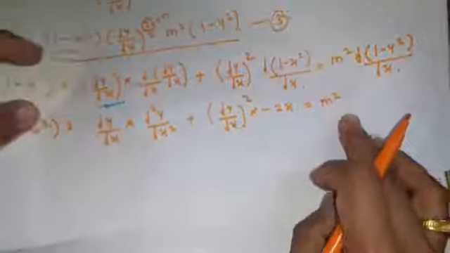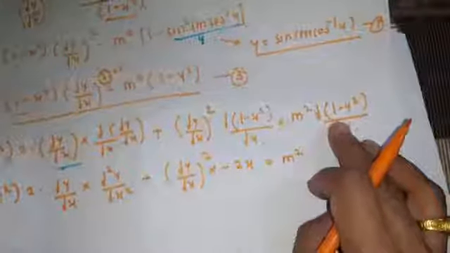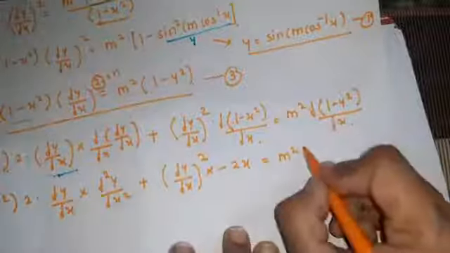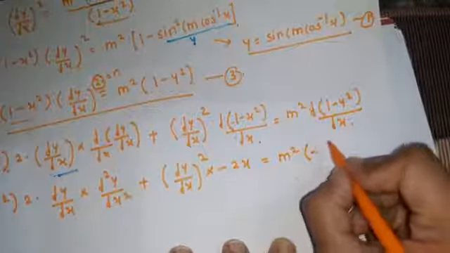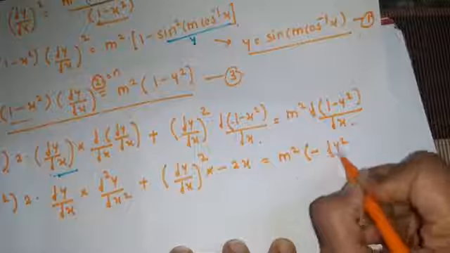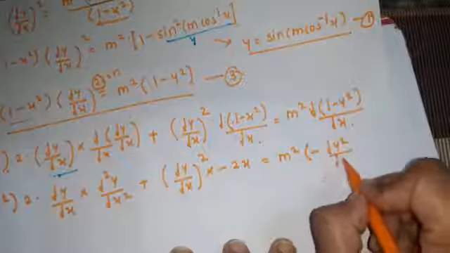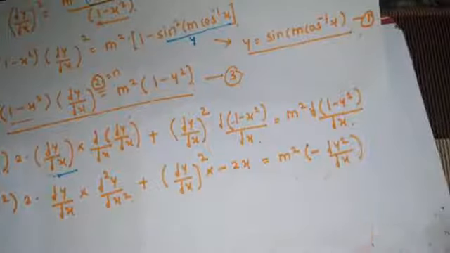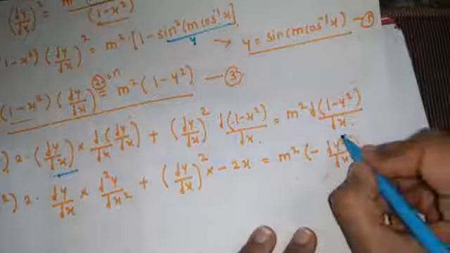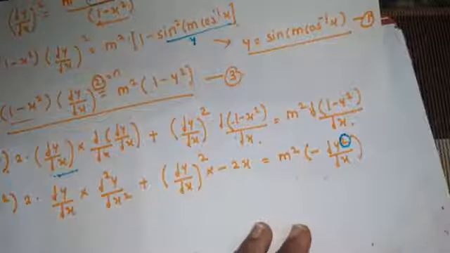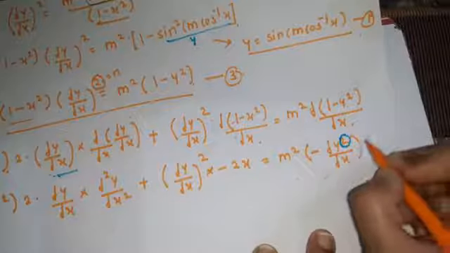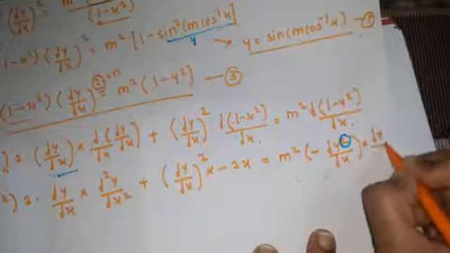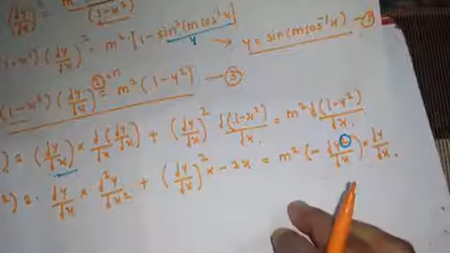Again here to differentiate, differentiation of 1 is 0 minus differentiation of y square. According to the power function, we differentiate the power into differentiation of y with respect to x.